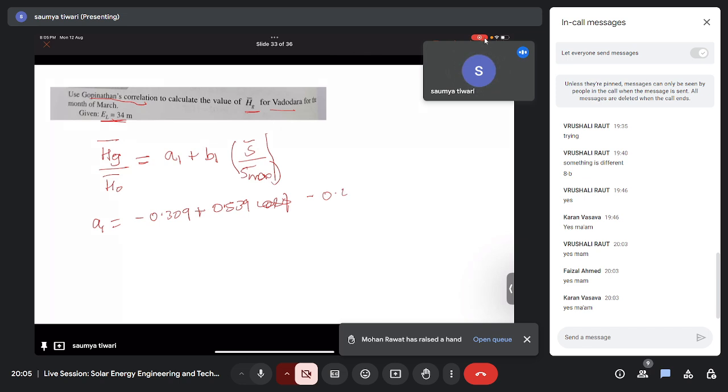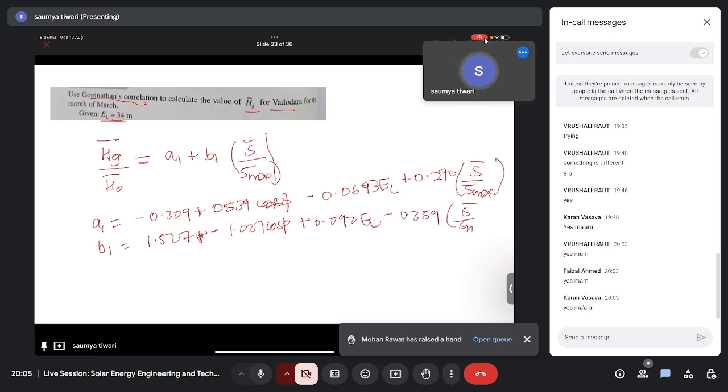Elevation was included in this parameter: plus 0.290 S bar by S max bar sorry, plus 0.290 EL plus 0.290 S bar by S max bar, and B1 is minus 1.027 cos phi plus 0.092 EL, your elevation, minus 0.359 your S bar by S max bar.